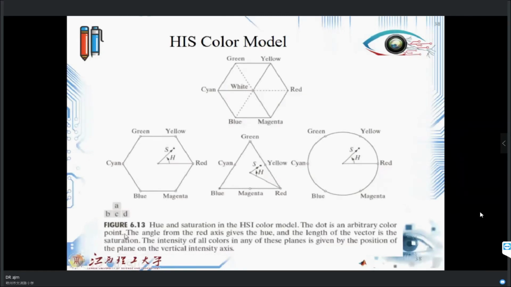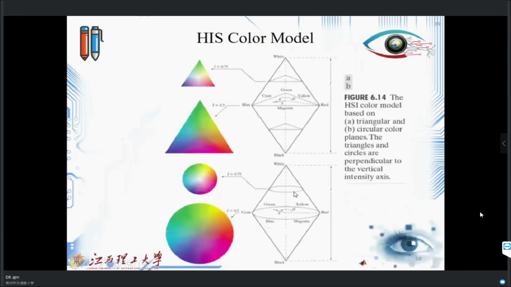We have an angle from the red axis, which gives the hue, and the length of the vector is the saturation, and the intensity of all colors in any plane is given by the position of the plane on the vertical intensity axis. This figure is nearly the same as the previous one.